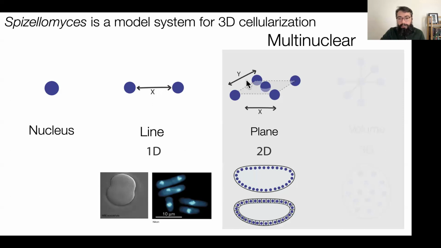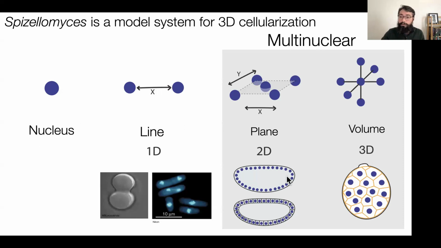We also know a lot about two-dimensional cellularization processes in which the nuclei are arranged in a single plane. This is the case of the best model system of cellularization that we know of, Drosophila syncytial cellularization, in which the nuclei migrate to the plasma membrane and are arranged in a single plane. All those nuclei cellularize, and the product is the epithelium, which is what is used for the morphogenetic programs of Drosophila. We know a lot about it.